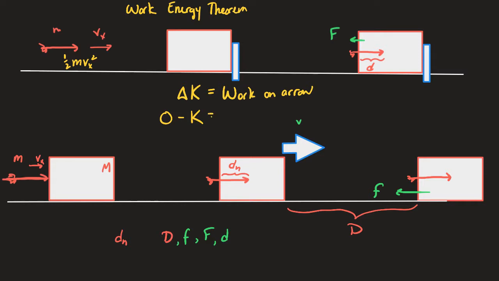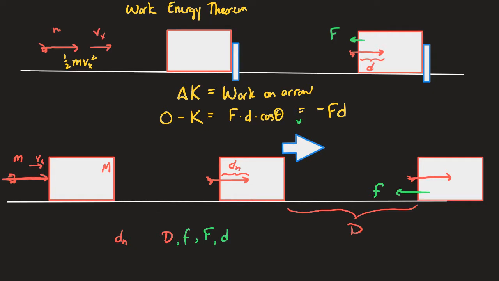On the other hand, there are 2 variables we can use to figure out the work done on the arrow, because work done is force times distance times the cosine of the angle between them, which for the force on the arrow is F d and the cosine of 180 degrees, making this negative Fd.